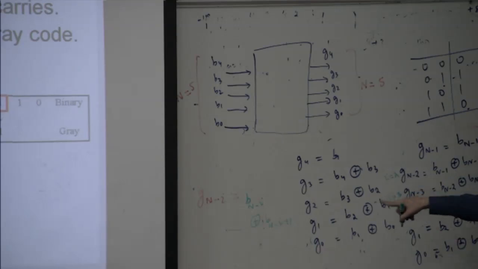Got it? So now this is a generalized formula. So now we have the Gray code for this.